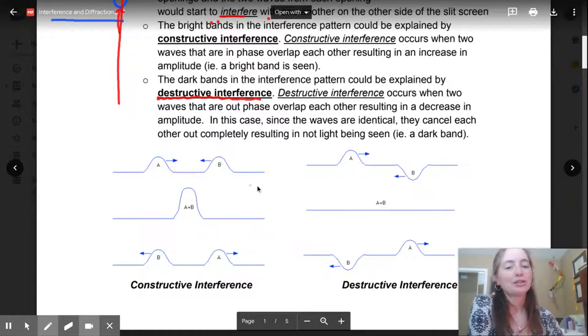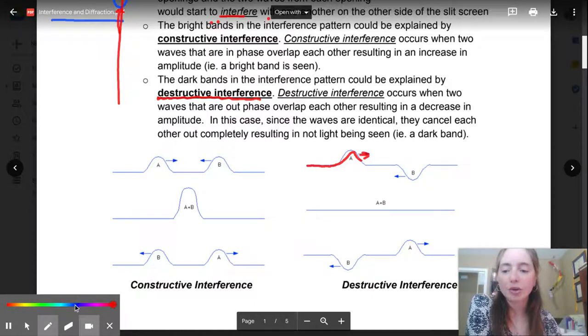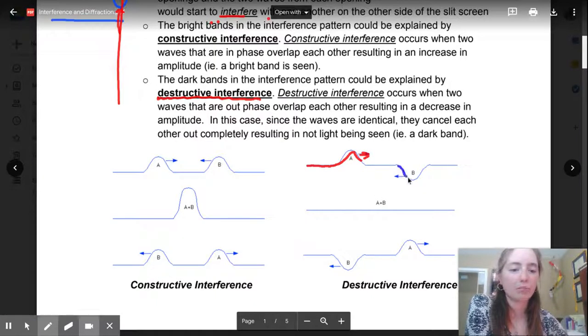When the waves bend and overlap with each other, here we've got that one wave, like we drew up here earlier, going this way. And then along the same route, we have our blue wave going this way. We get nothing.